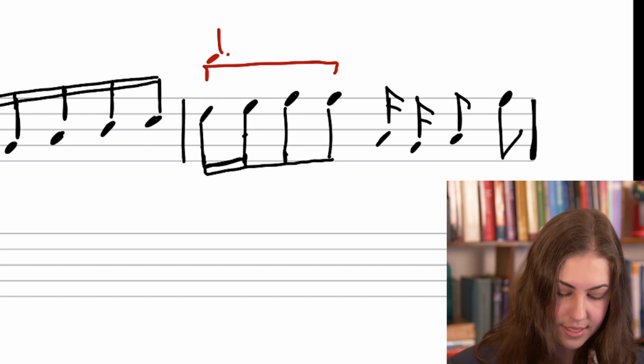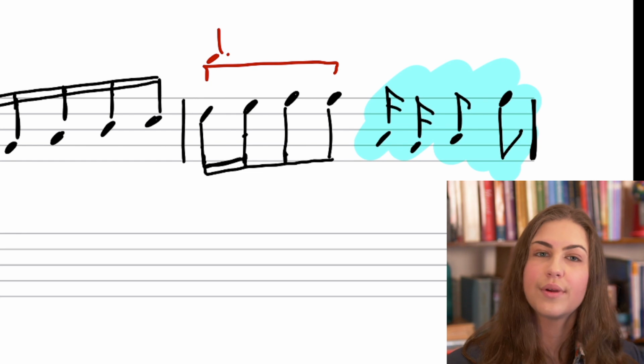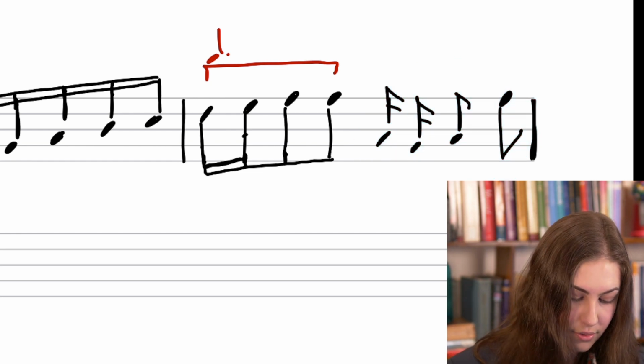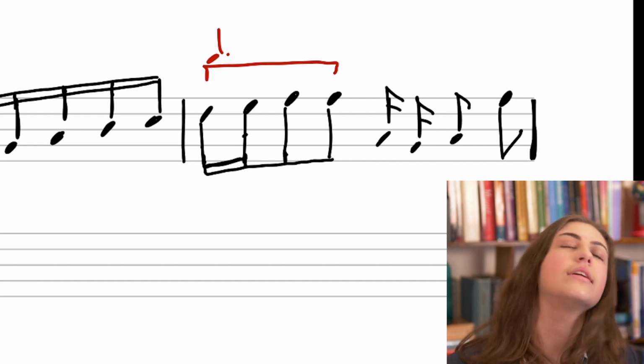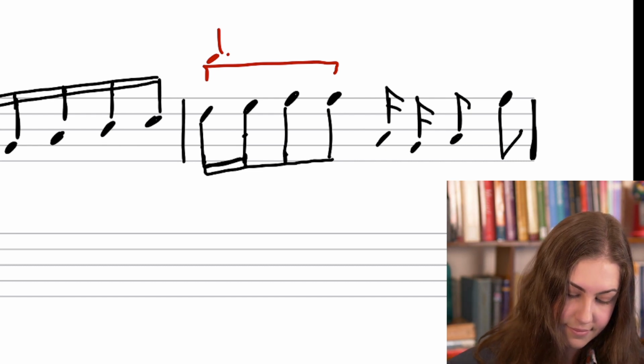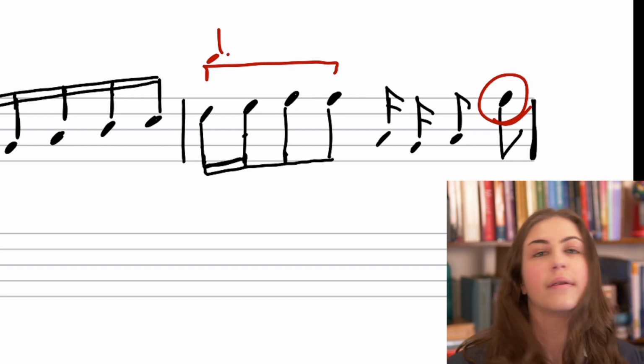And then you might have noticed that I actually have right here the same exact rhythm as what I just had before. So the only thing that's different here is that I do have different stem directions. So think about that for a second. They're all going to be determined by this one in this case.